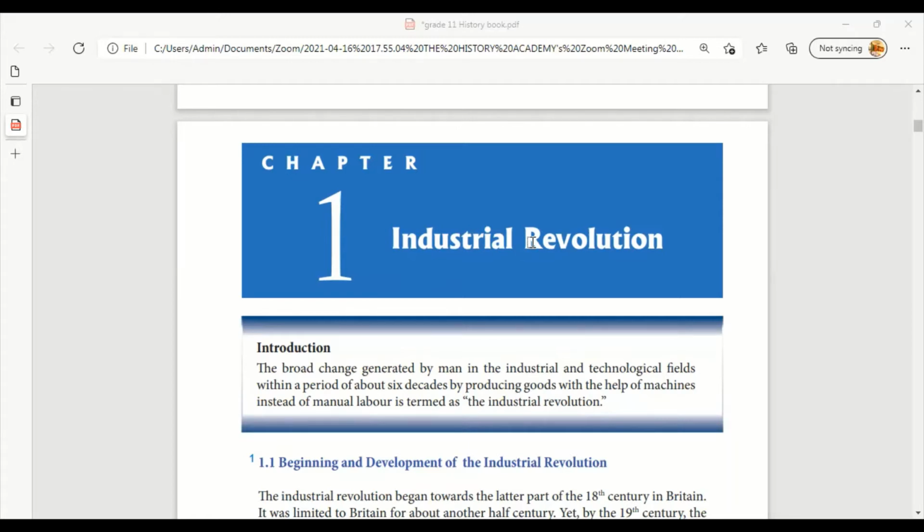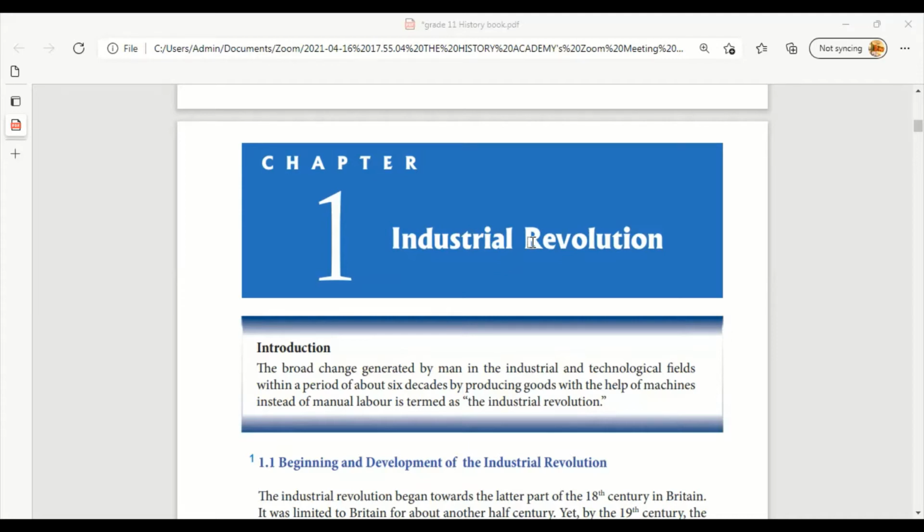So before the industrial revolution in Britain, everything was produced using manual labor. That means labor was hired in order to do all the activities related to the textile industry, the coal industry, the iron and steel industry, and many more, even transportation and agriculture.